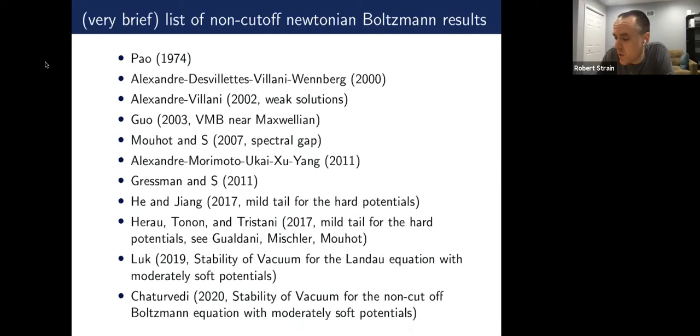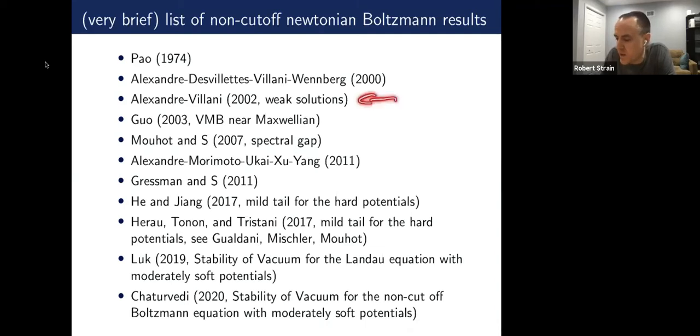Then there was a long gap until more people started studying this. And in the year 2000, Alexandre, Desvillettes, Villani and Wennberg proved some results. In particular, they proved the regularity of the collision operator, and they introduced something called the cancellation lemma that I'll tell you more about.